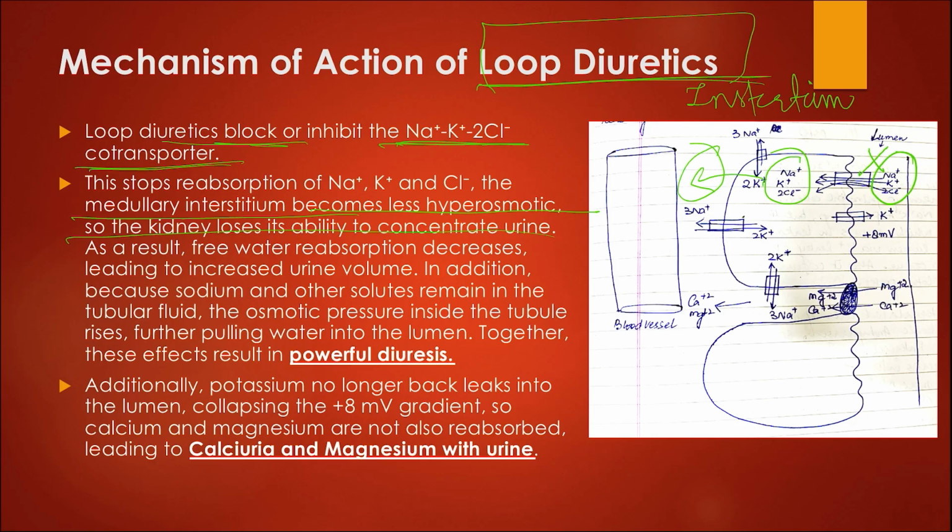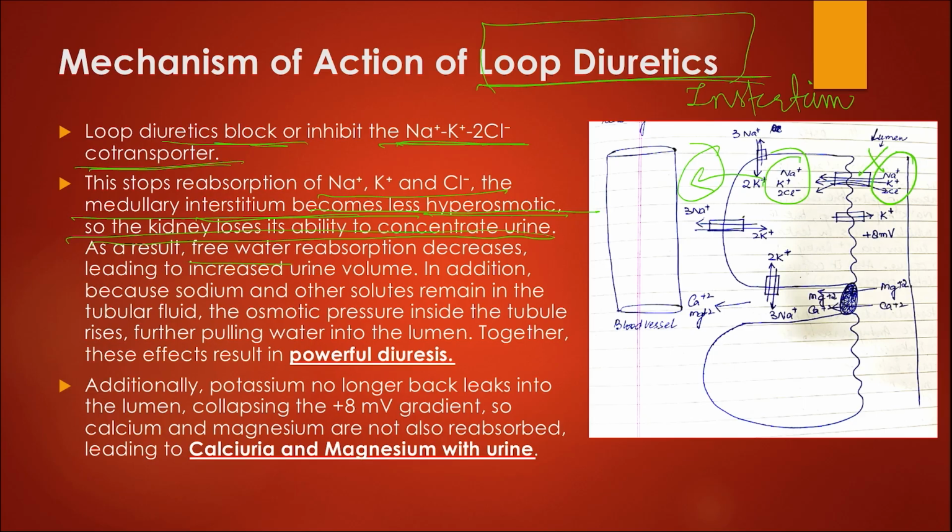So the main mechanism behind diuresis is that once the sodium potassium 2 chloride cotransporter is inhibited or blocked, the reabsorption of these ions stops, the medullary interstitium becomes less hyperosmotic, so the kidney loses its ability to concentrate the urine.